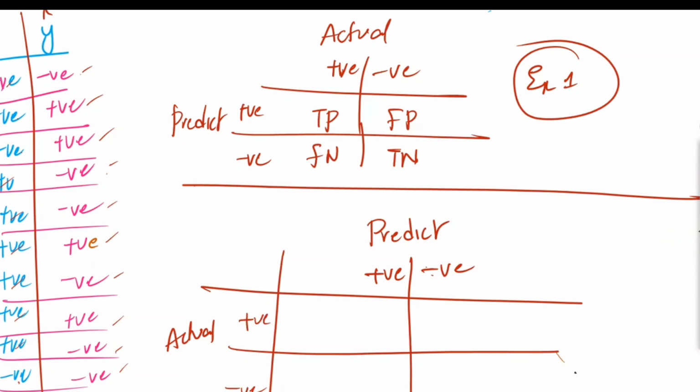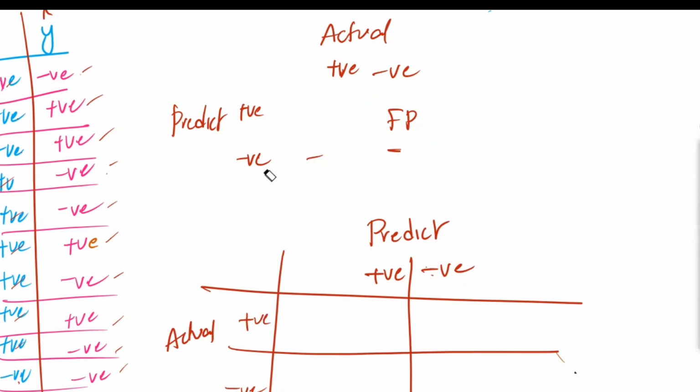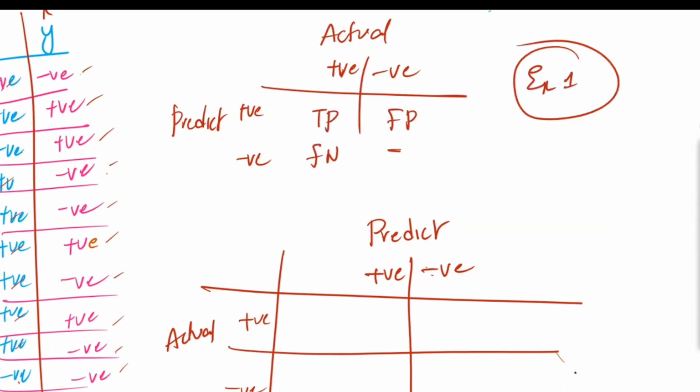This is example number 2. This example is more important, so I am erasing the previous example. Once again I have done it, so please write it. Please write this example in your notes, the first example, so that I can explain the second example.